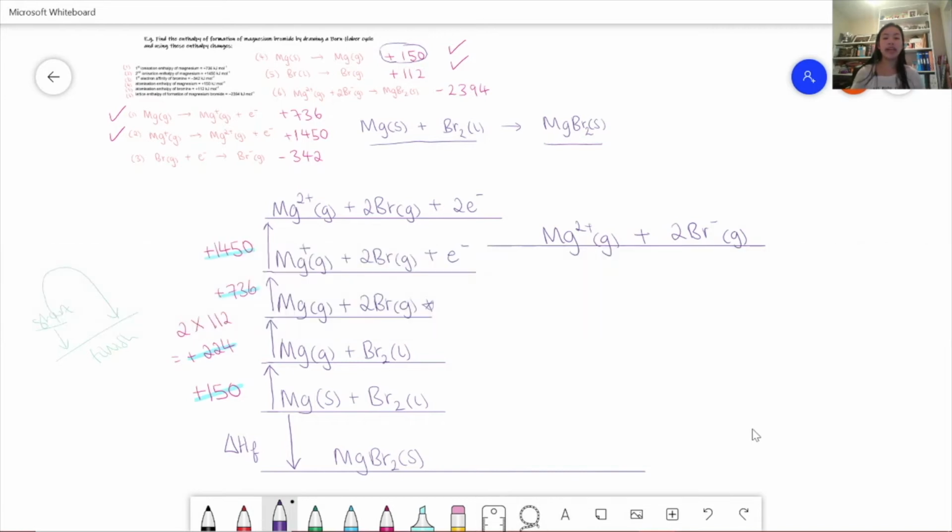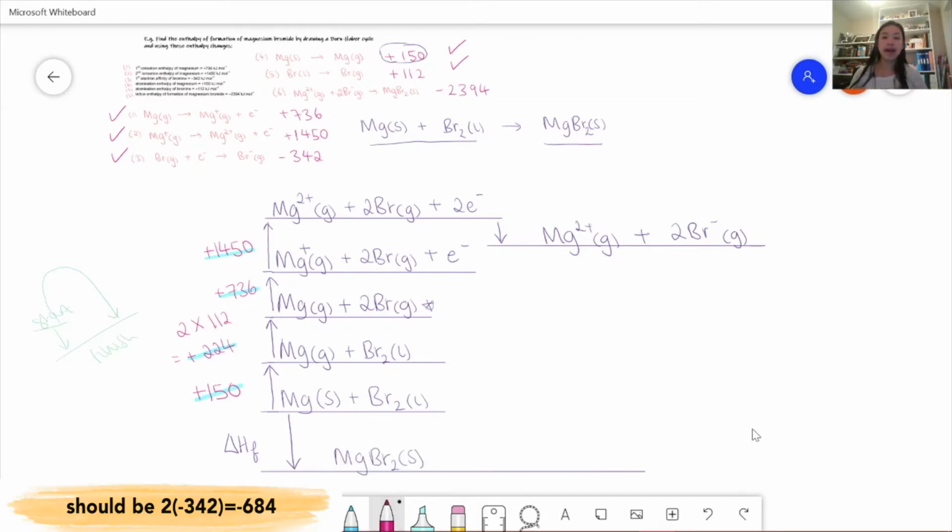And what we've done here is actually we've used 2 times the electron affinity of bromine because we have formed 2 bromide ions instead of 1, like in equation 3, because we had 2 electrons spare. Well, we've added 1 electron to each bromine to form 2 bromide ions. And so now we draw an arrow going down because the first electron affinity is exothermic. So this number is minus 342.